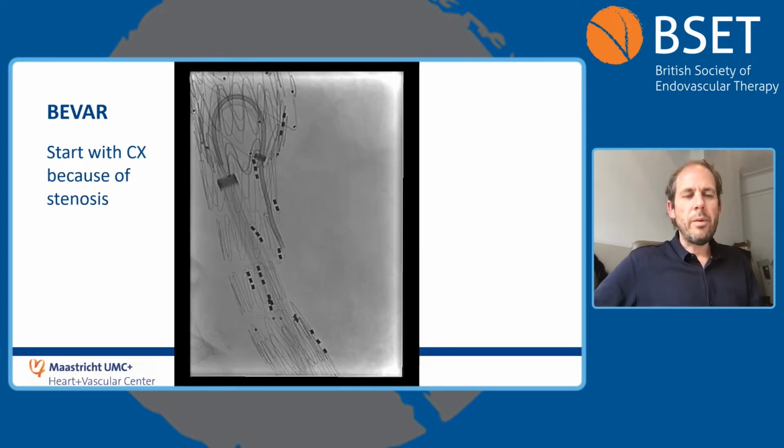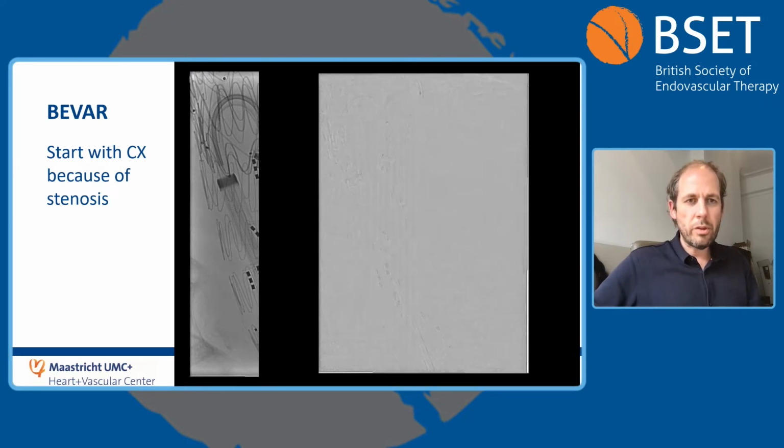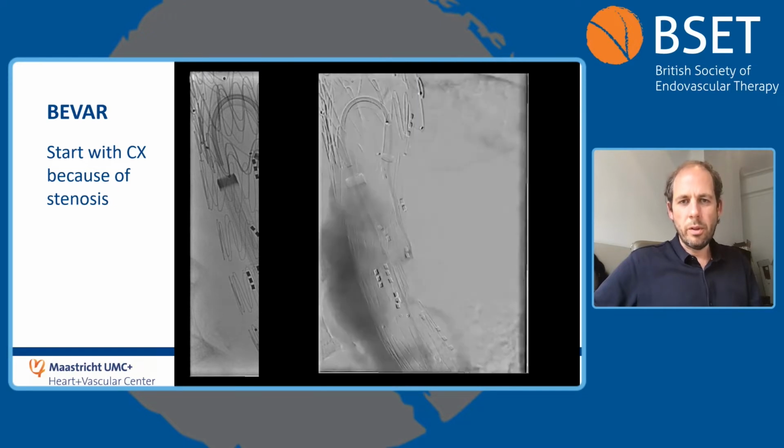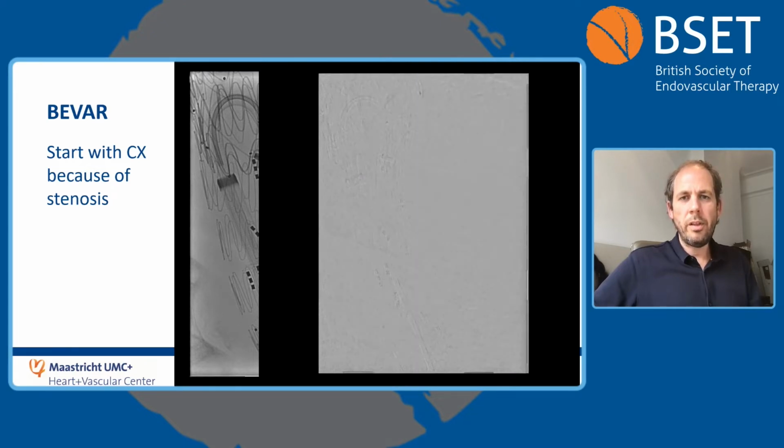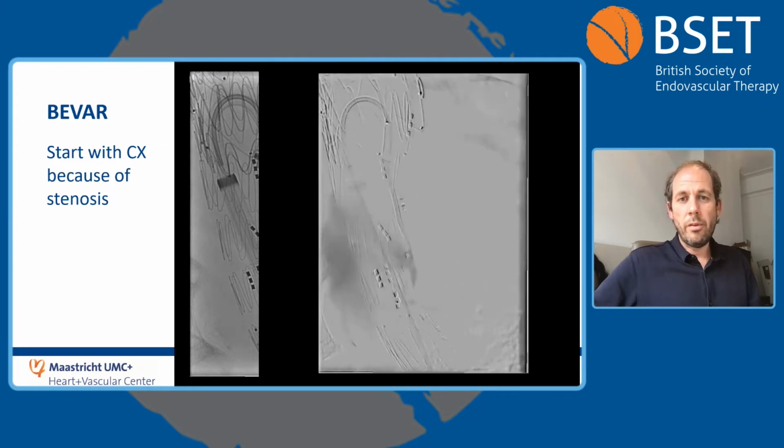So with this technique, we started off with a celiac trunk, which we normally would do last for the MEP test and to leave open. But because of the stenosis, we did that first. And we saw actually that it was occluded. So you can see that there is an occlusion of the celiac.